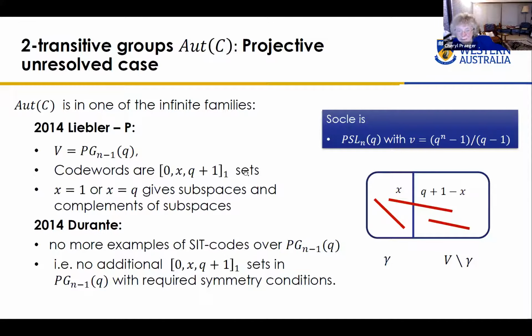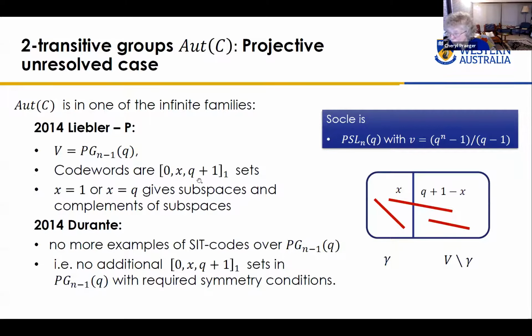That means that projective lines intersect my subset in 0 or x or q + 1 points. Now, if I have x equals 1 or x equals q, you get subspaces or complements of subspaces. So the question was, could I have an SIT property holding for one of these subsets with x being strictly between 1 and q? Bob and I had no idea.